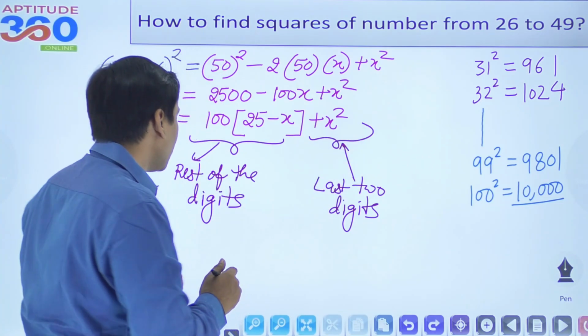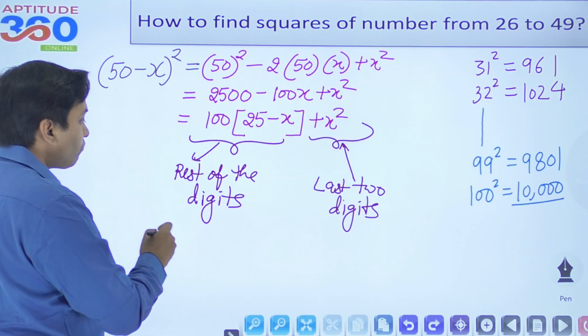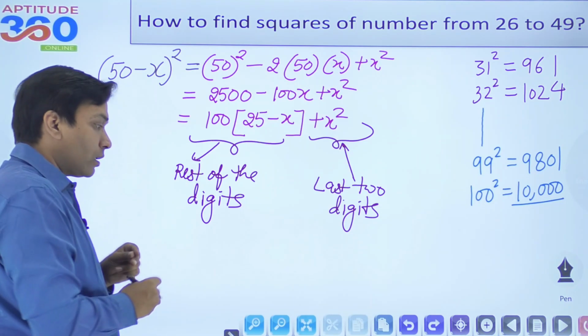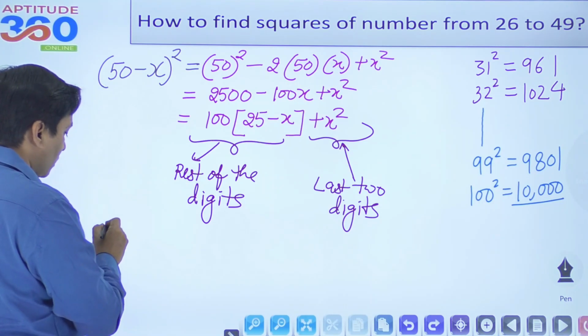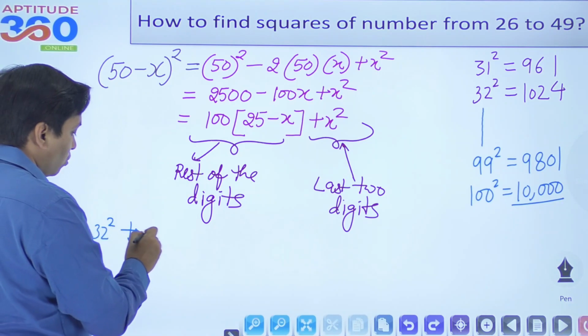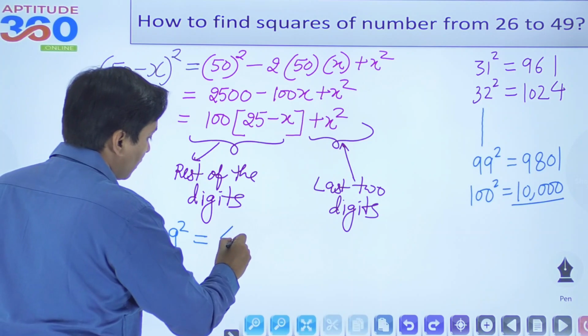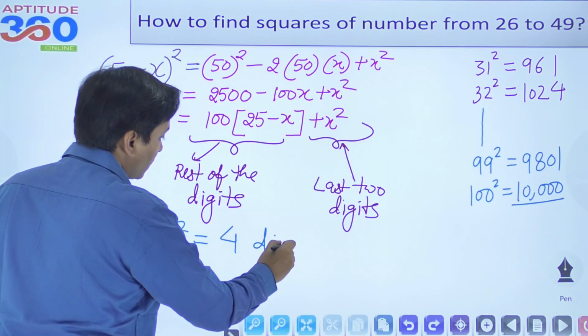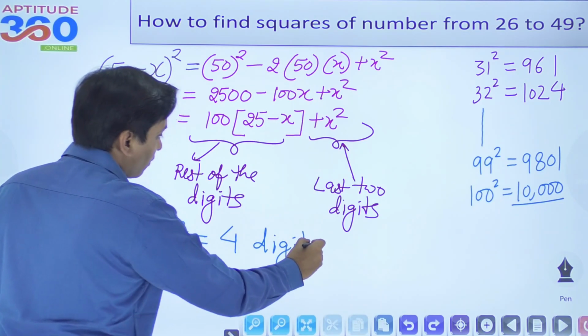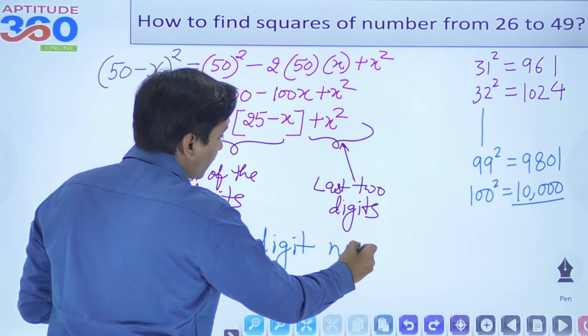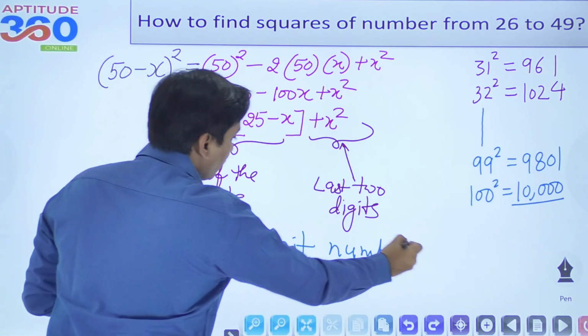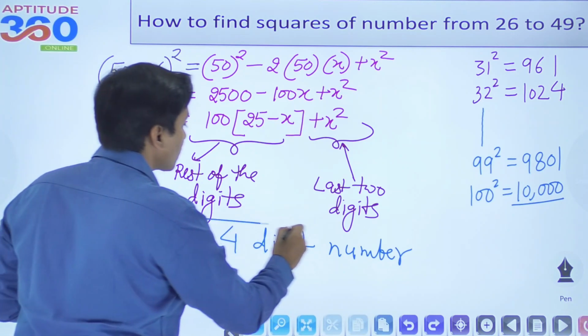So can I say that 32 square to 99 square, you will be having 4-digit numbers. The perfect square number will be a 4-digit number. I hope you understand this.